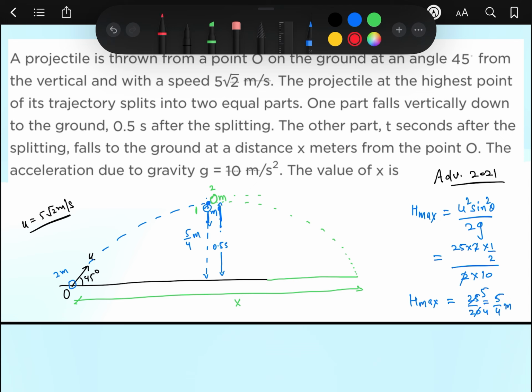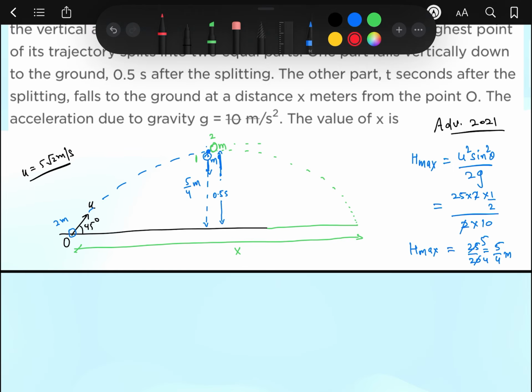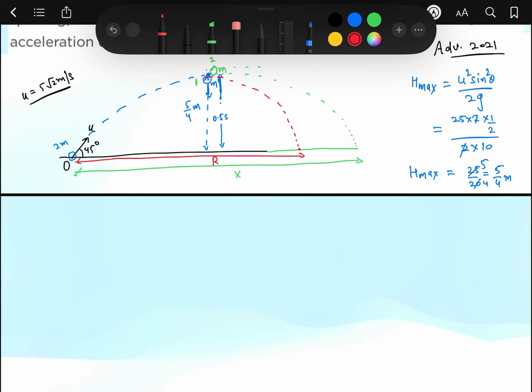Now I will be using a concept here, that is the concept of conservation of position of the center of mass. If in case this projectile was not split, then the trajectory of the projectile was like this. So this was the range of this projectile. Range is equal to u square sine 2 theta divided by g.